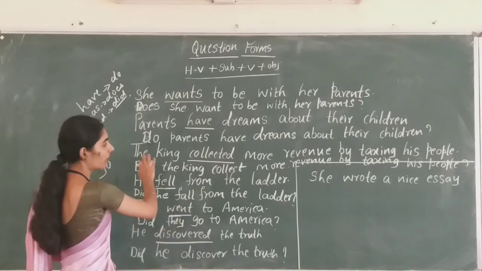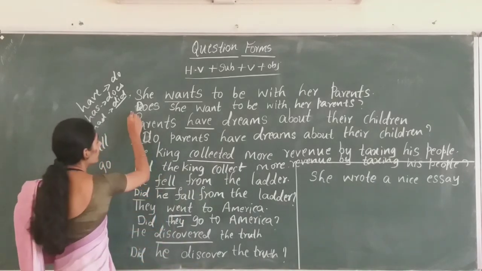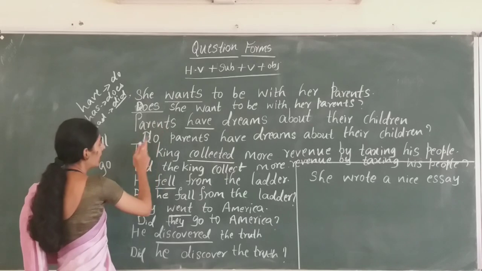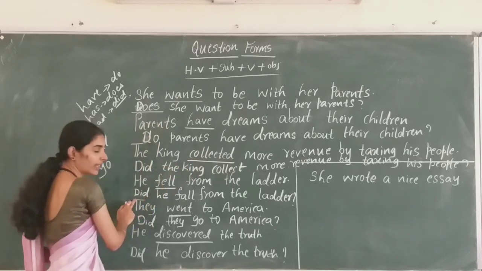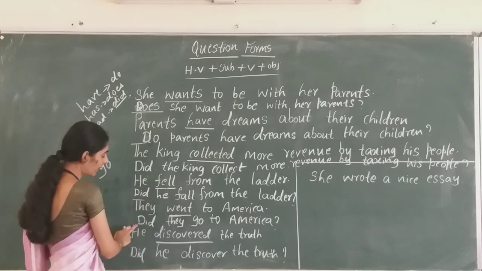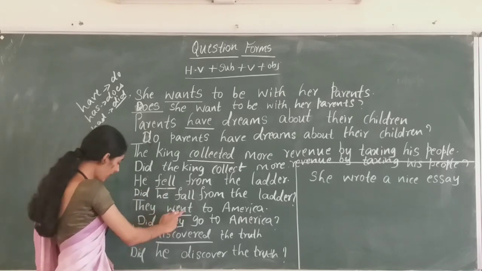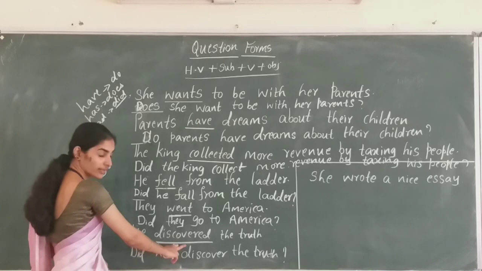I hope you are able to understand. Okay. So does for the first one, and then do, then did because collected, then again did, fell, now did again because went, and now did, discovered.